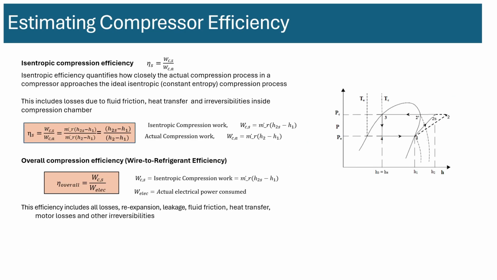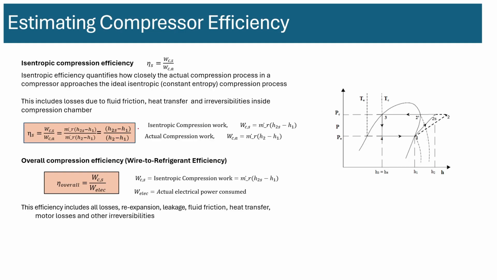All right, so based on these compression works that we determine, we can estimate a compressor efficiency. There are two types of compressor efficiencies that we are interested in. One is the isentropic compression efficiency, and that's defined based on this. So if you have isentropic compression work in the numerator and the actual compression work in the denominator, that gives you the isentropic compression efficiency.